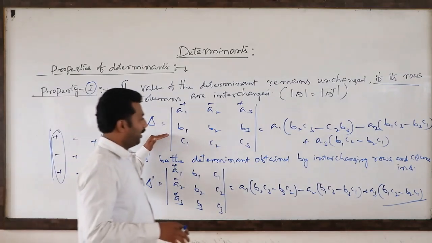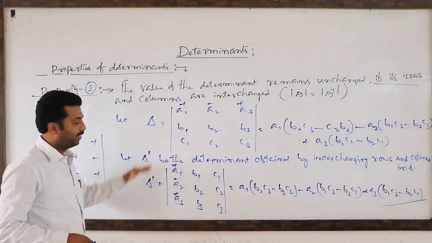So you write the value of the determinant like this, the delta dash we wrote.